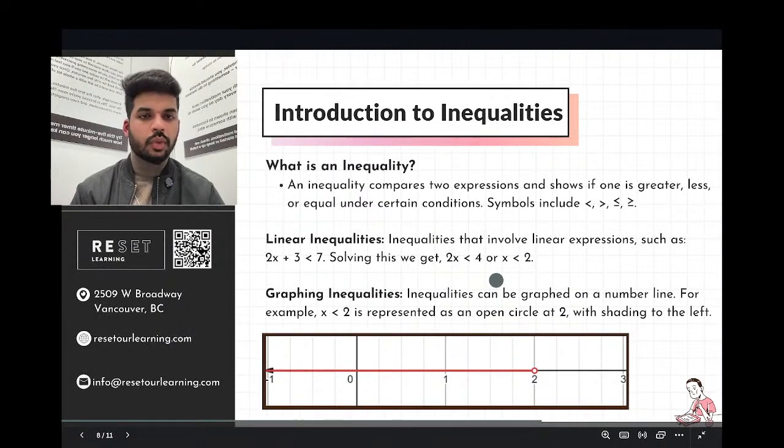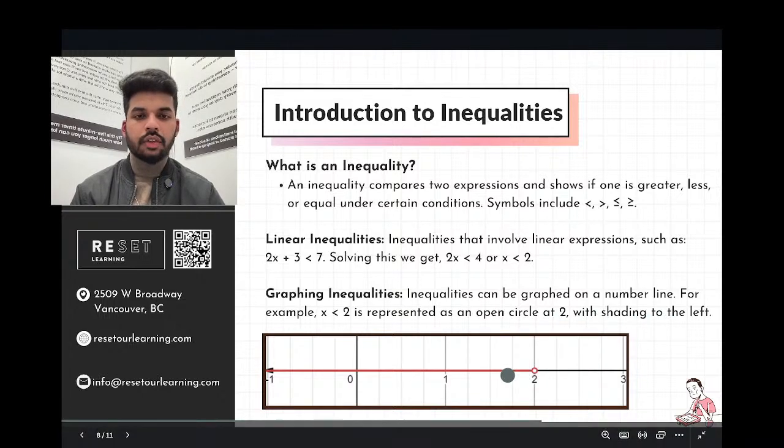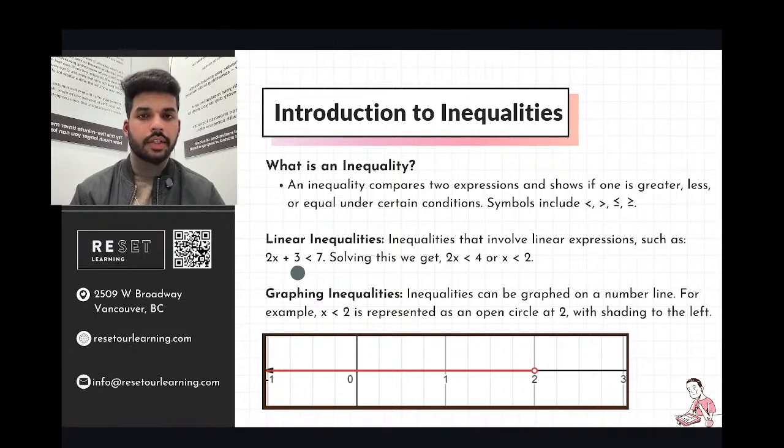So for example, this one, x less than 2, is represented as an open circle at 2 with shading to the left. Shading is basically a way of representing the possible values of x which will satisfy this inequality.